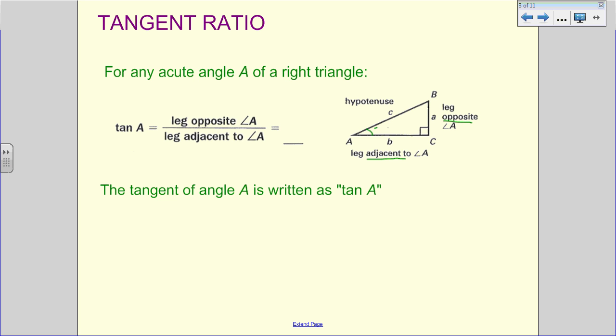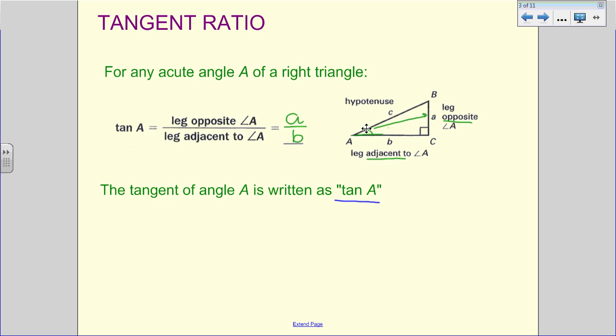So if we look at the leg that's opposite angle A, that means we're going to cross that leg A over the side adjacent. Adjacent means we're touching. Neighbors that are adjacent to each other are touching, and so that is side B. So the tangent of angle A is written as tan A. That's how we know we're finding the tangent of angle A.